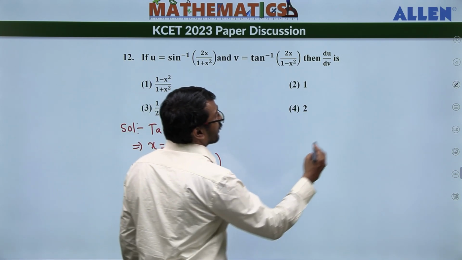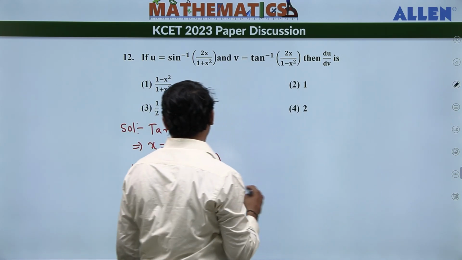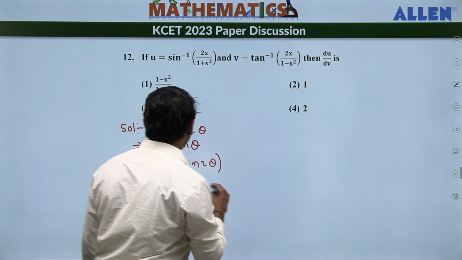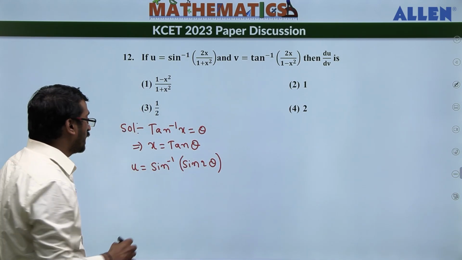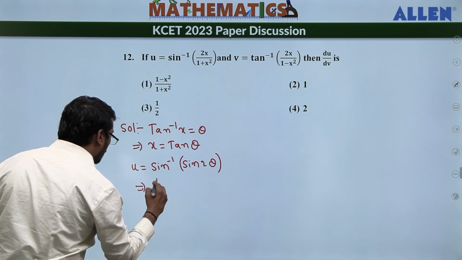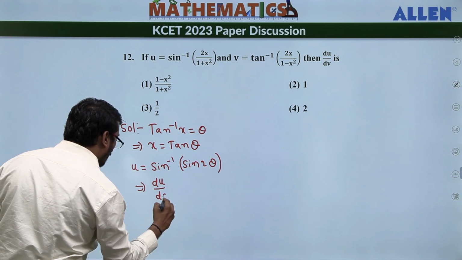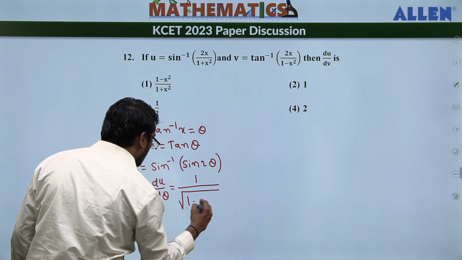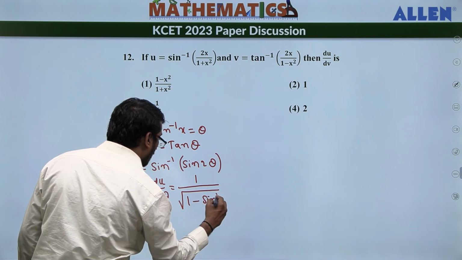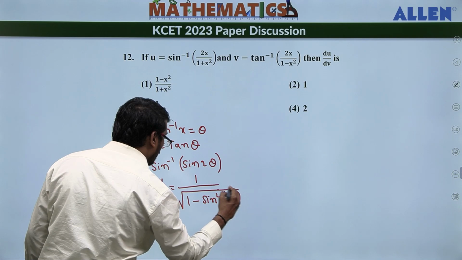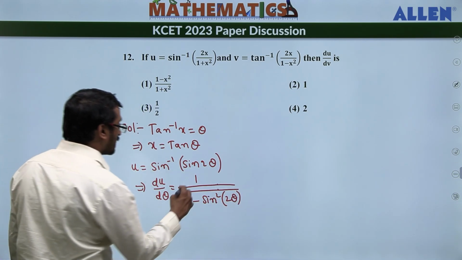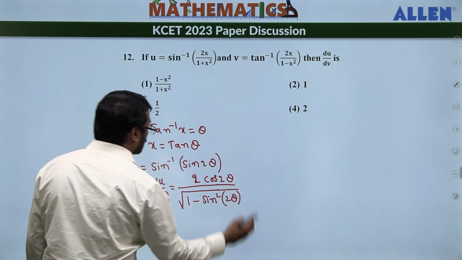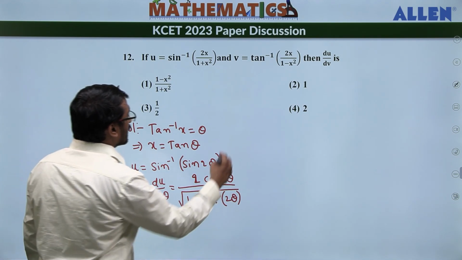Now, so du by d theta is one by root of 1 minus sin square of 2 theta into derivative of sin 2 theta, which is 2 cos 2 theta.